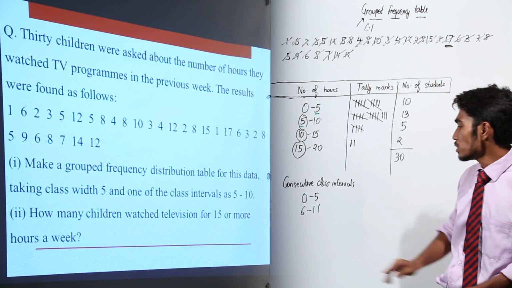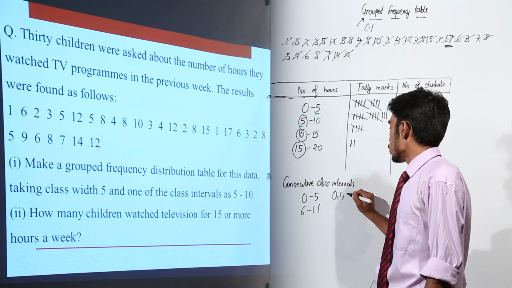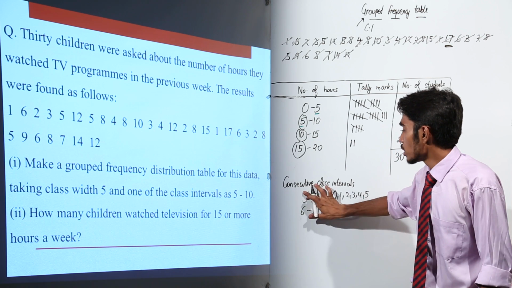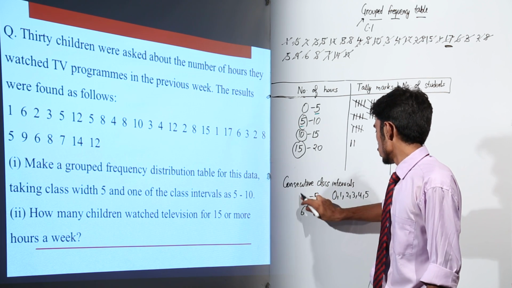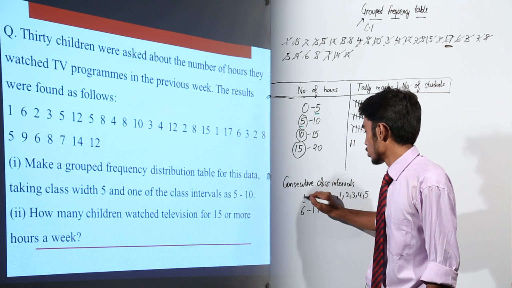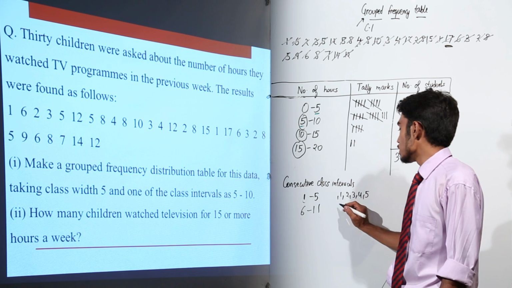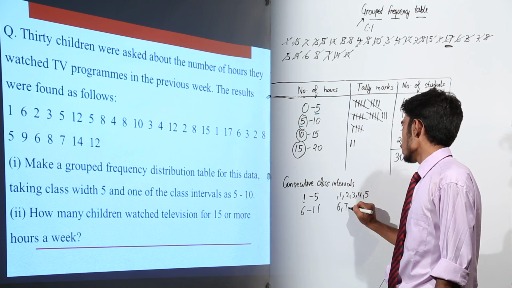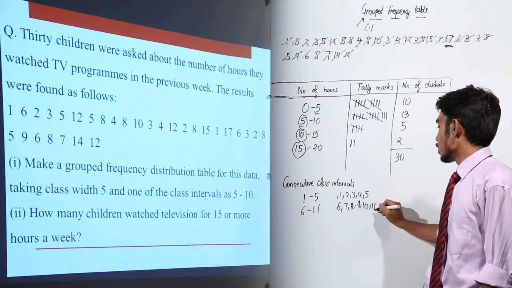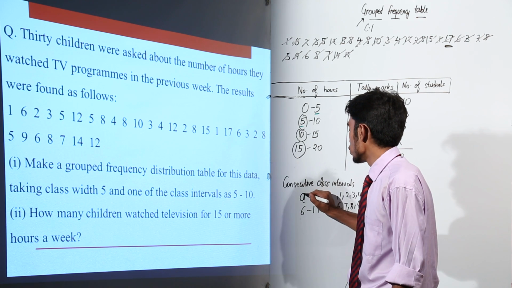In 0 to 5 you are including 5: 0, 1, 2, 3, 4, 5, and in 6 to 11: 6, 7, 8, 9, 10, 11. How many numbers do we have? We have 6 numbers. So we'll start from 0 only.